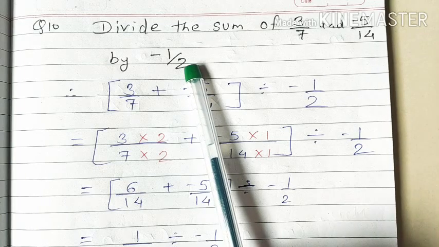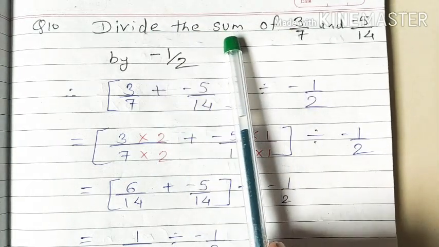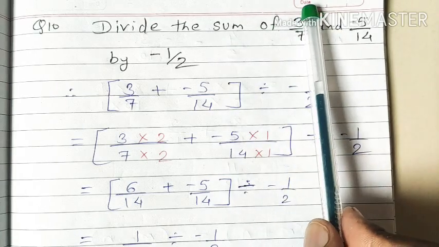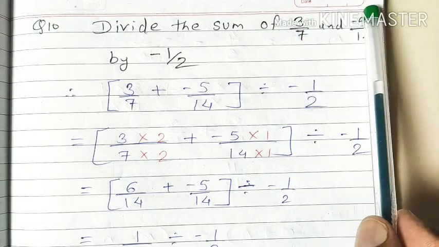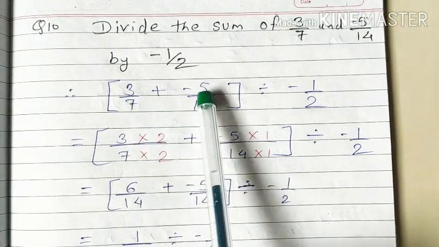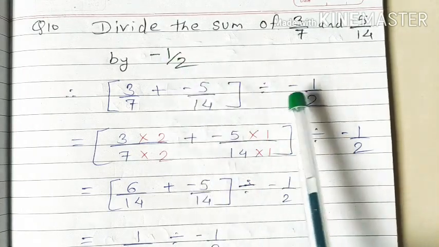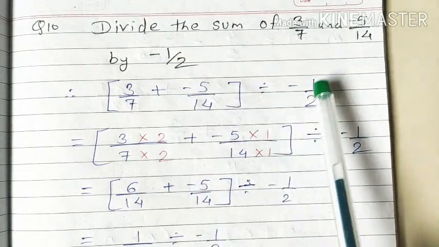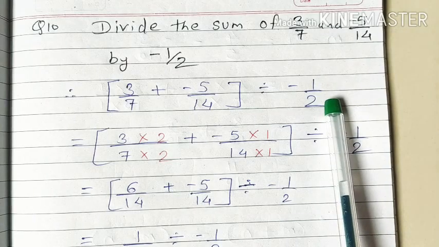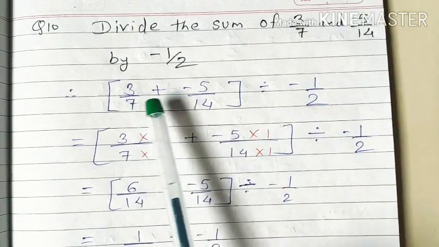That means we have to divide the sum. Sum means addition, the addition of 3/7 and minus 5/14. We add these two numbers, and this sum we have to divide by minus 1/2. So we give the division sign, minus 1/2. First of all, we are going to solve this bracket.